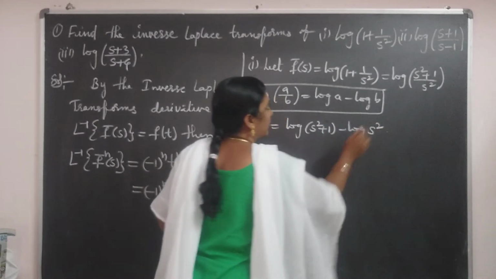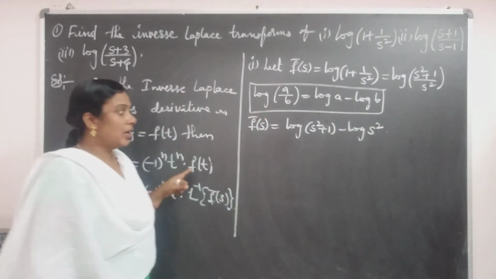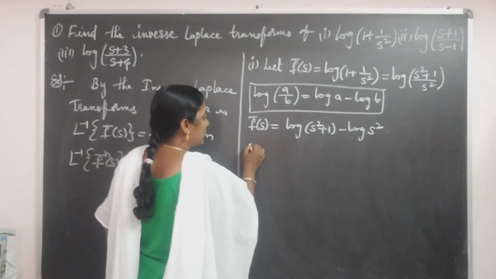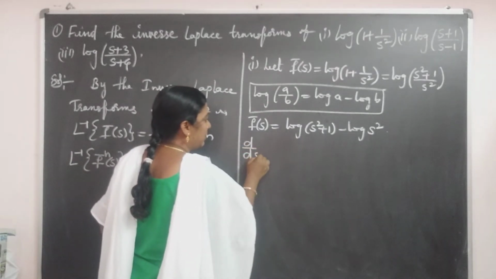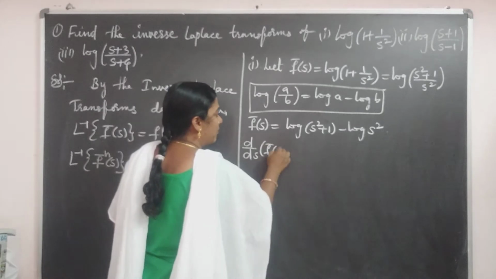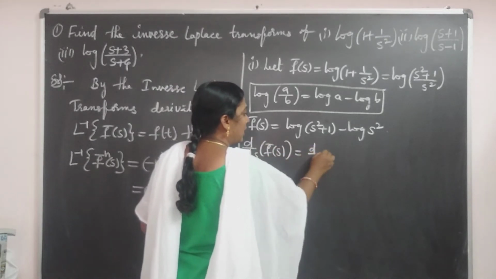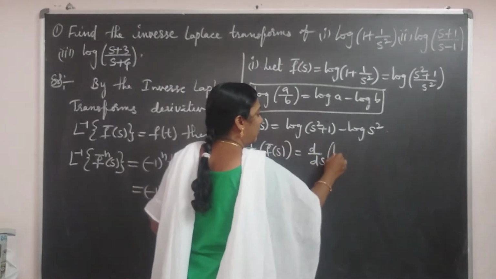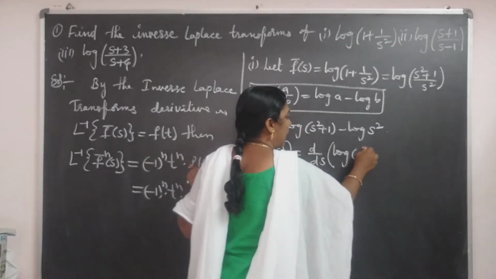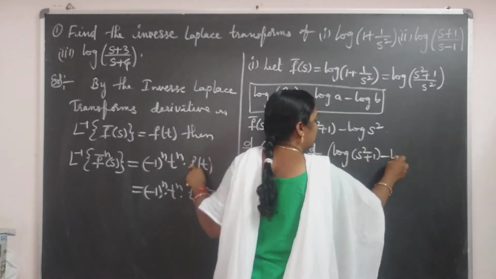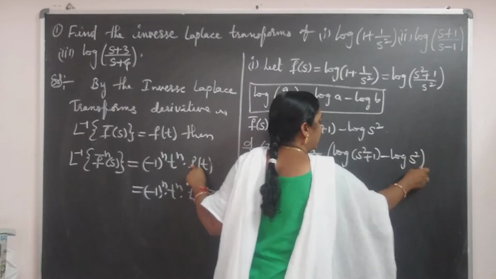log s square. Okay. Now differentiating on both sides with respect to s, that is d by ds of f bar of s is equal to d by ds of log of s square plus 1 minus log s square.